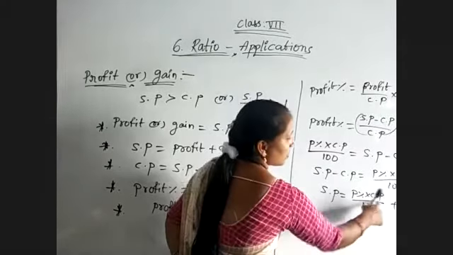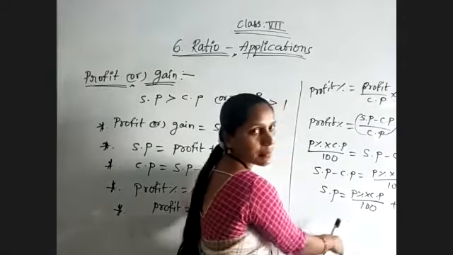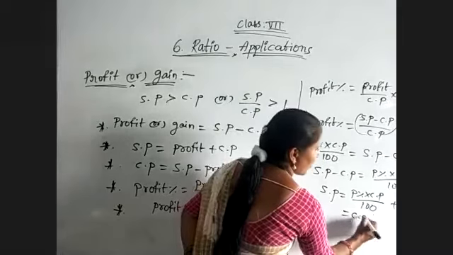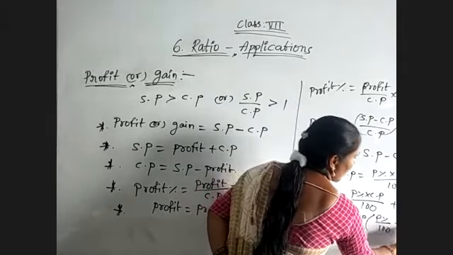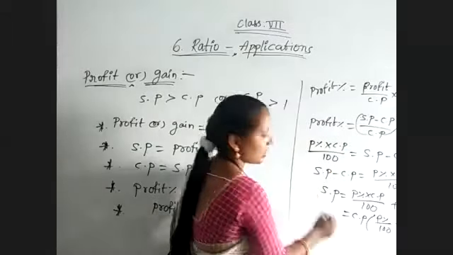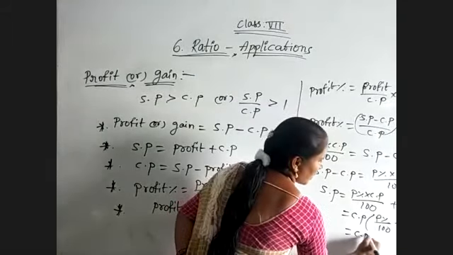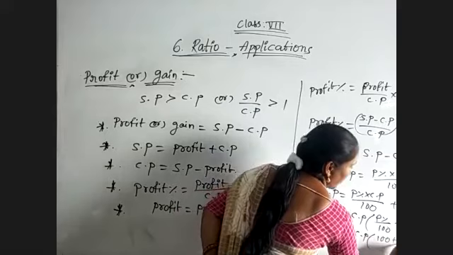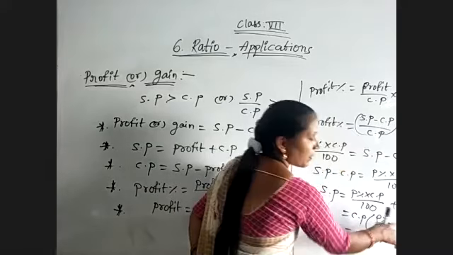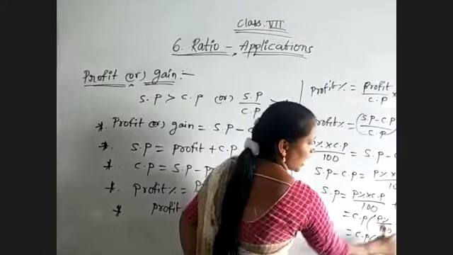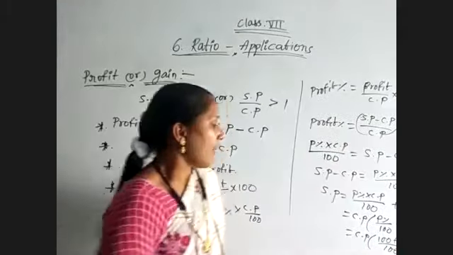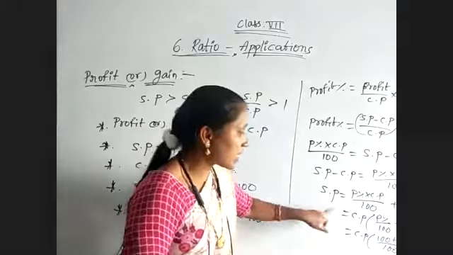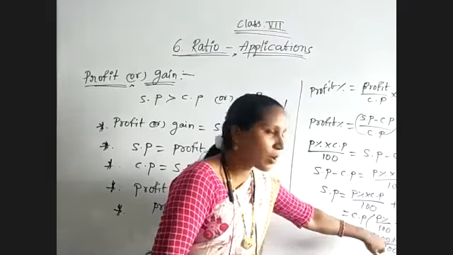Now in both the terms we have CP. So take out CP. What will we get? Profit percent by 100 plus 1, because CP we wrote outside. Now SP will be equal to CP into 100 plus profit percent by 100. Okay, SP is equal to CP into 100 plus profit percent by 100.